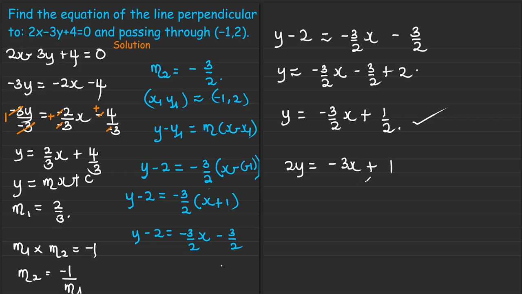Upon further simplification, you have 3x plus 2y equals 1. This is also accepted. So as you have seen, it is very, very easy to find the equation of a perpendicular line if you are able to determine the gradient.